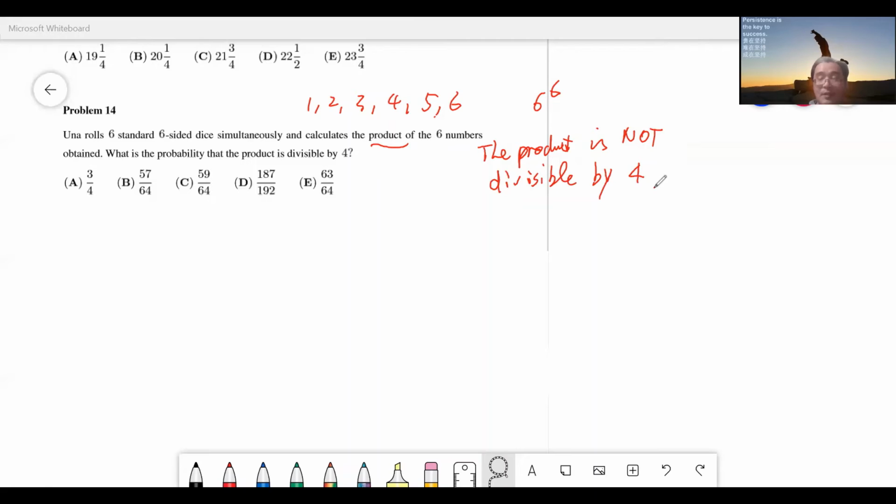So this can be easy because, you know, if all the dice show odd numbers, they definitely are not divisible by 4. So this is one case. And we can have one number be 2, or one number be 6.